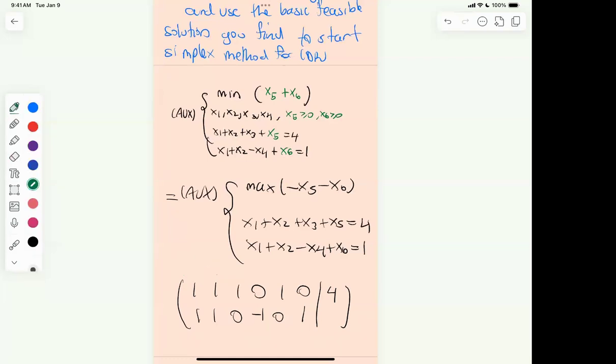I'll keep the last two in green because those are the new ones. Okay, so this is the auxiliary system.